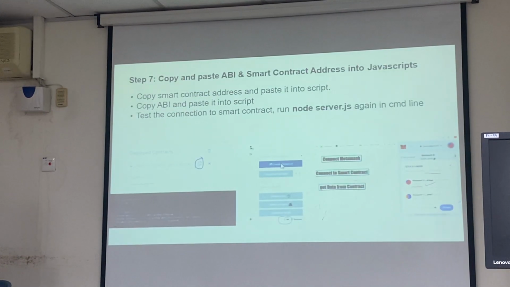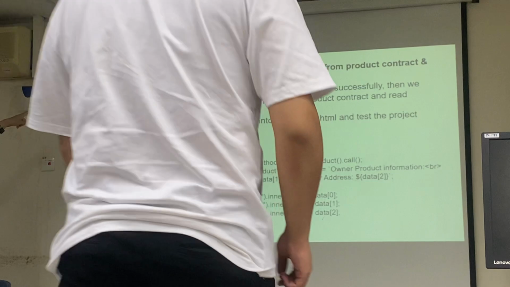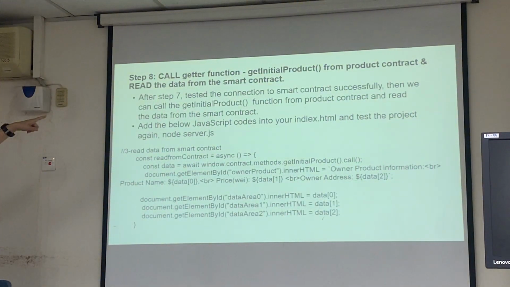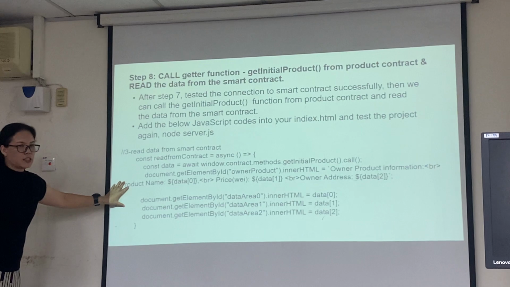Look at step number 8. I need to call the get initial product function, and over here is this particular step. You go and copy this, then I explain to you.